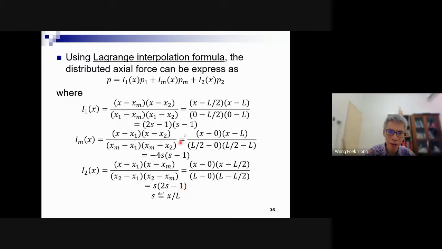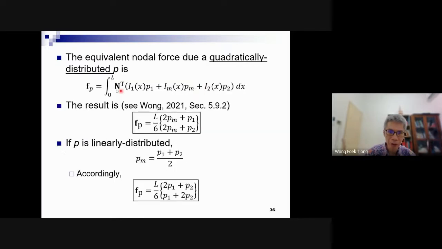Using these results, we can plug this into this one and then compute the integrals. The details of the computation are in my book. It's nothing but calculus, simple integral calculus computation. Maybe senior high school students can do it.